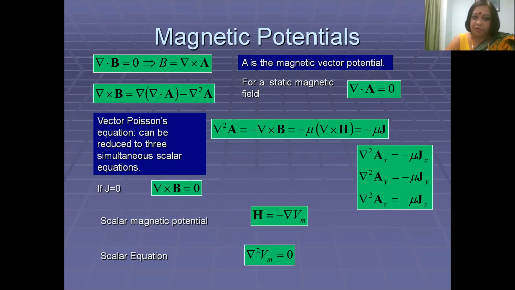Here the field is being represented by B, and A is a second vector quantity. If B is equal to curl of A, then A is the magnetic vector potential, which you are all familiar with.